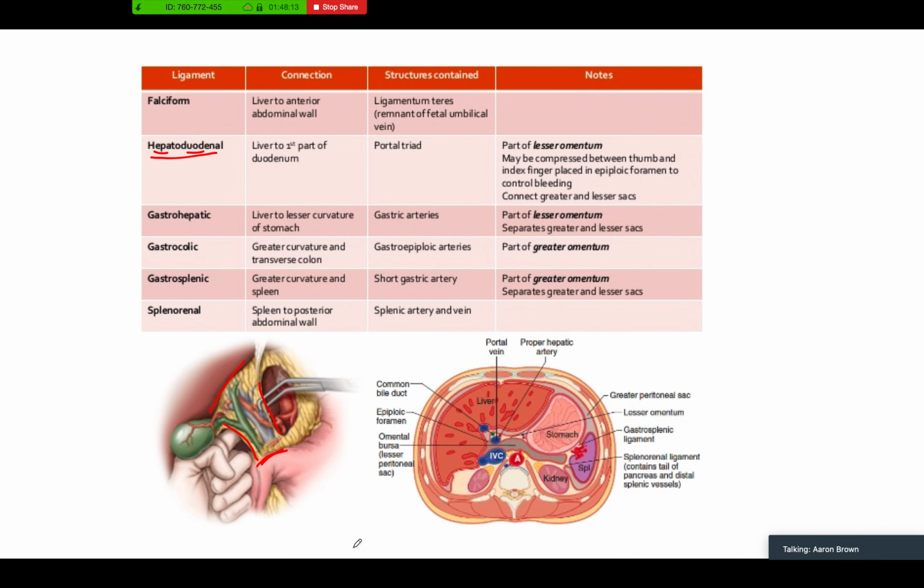So what are the structures of the portal triad? What are these three structures? I see an artery, I see a vein, and I see this green thing. What are those three things? Yes, common bile duct. Very good.